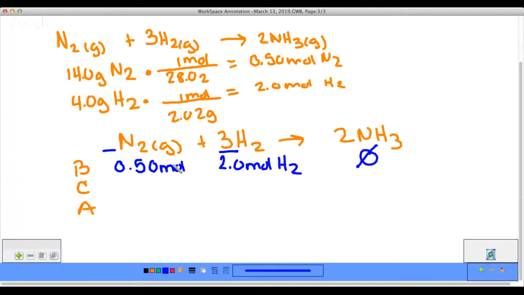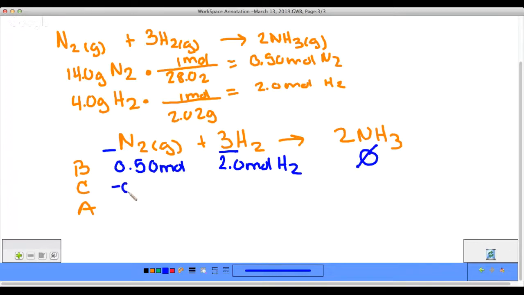Now, our change, we need to figure out which one of these is going to be consumed first. If we consume all of our nitrogen, we're going to consume 3 times as much hydrogen. So if we consume 0.5 moles of nitrogen, we're only going to consume 1.5 moles of hydrogen. That tells us that hydrogen is going to be in excess.